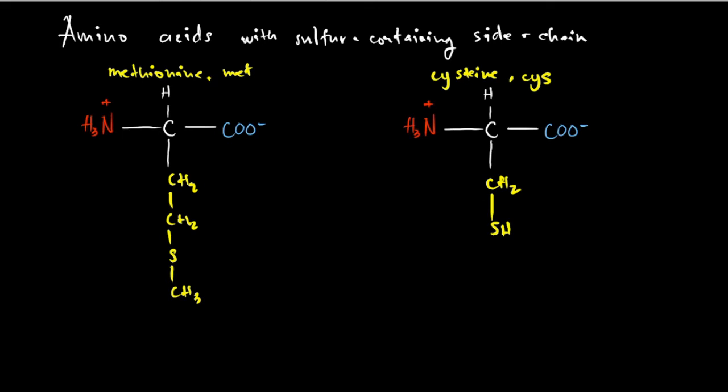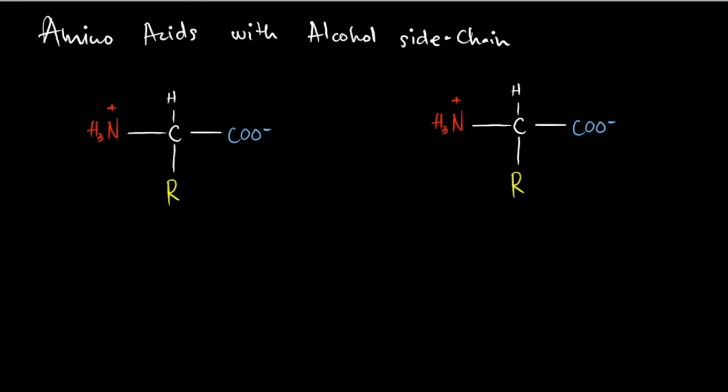So for the next part, or the next set of our amino acids, we have amino acids with alcohol side chains. So again, let me just go ahead and remove this R, and we will be replacing them. So one of the alcohol-containing side chain amino acids is what we call the serine.